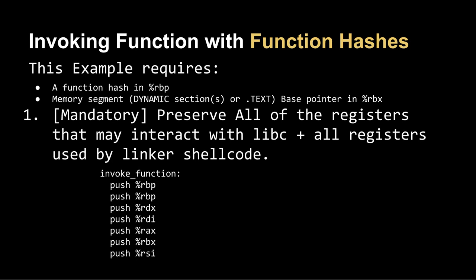This proof of concept simply requires that a function hash is present in RBP, and that the memory segment base pointer you're targeting, the library you're trying to invoke a function in, is in RBX. Step 1. This is absolutely mandatory this time. You must preserve all of the registers that may interact with libc and all the registers that are used by the linker shellcode. So we're just going to have this stub that pushes them all to the stack, and we're going to pop them all at the end.